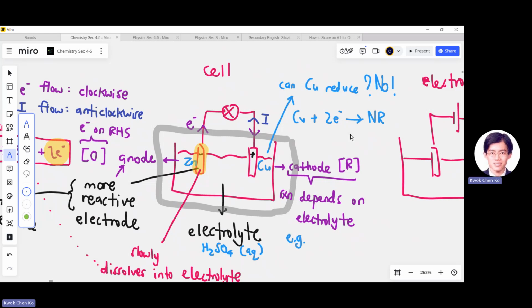In this case, this will happen. If my electrolyte is H2SO4, then this is your cathodic reaction. And just to spell it out in case you need to use the word cathodic reaction, it's this one.